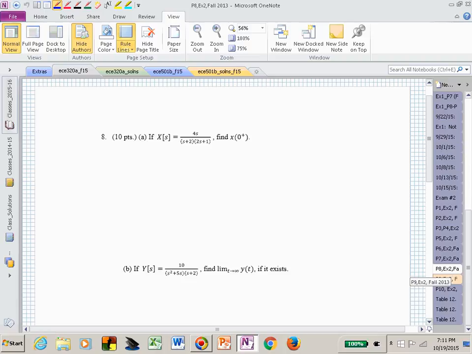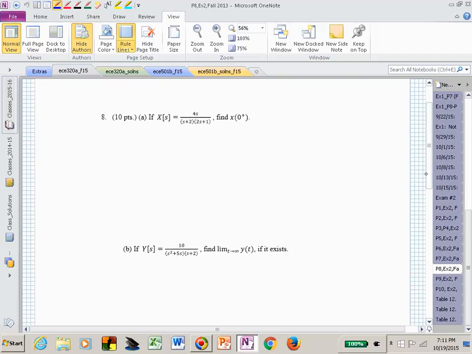Do we want to do any of these? Can we do the initial value theorem? What am I looking for? Now you could just say, oh, the limit as s goes to infinity of s X of s.